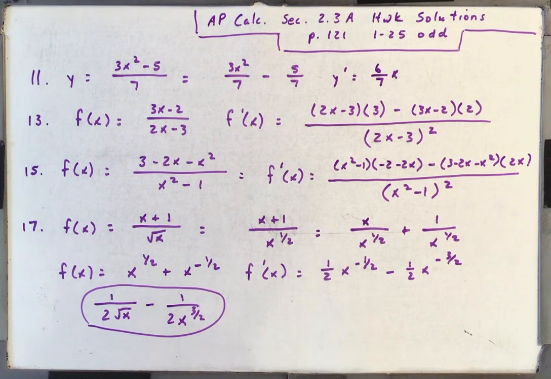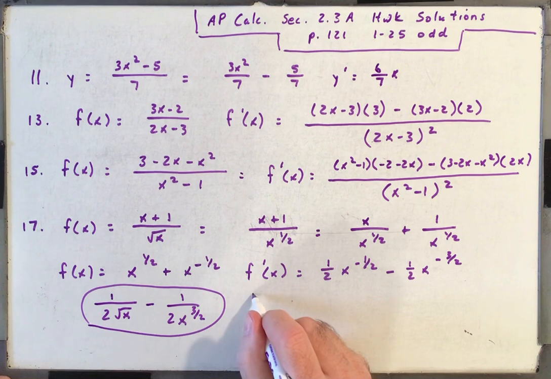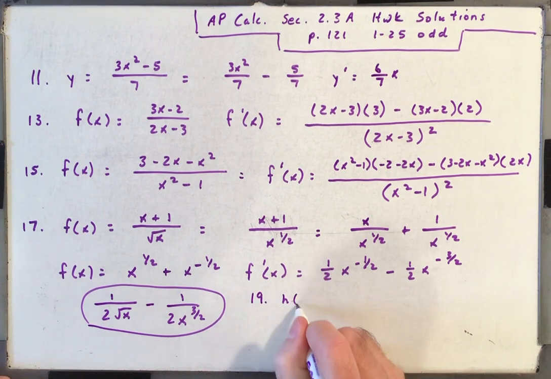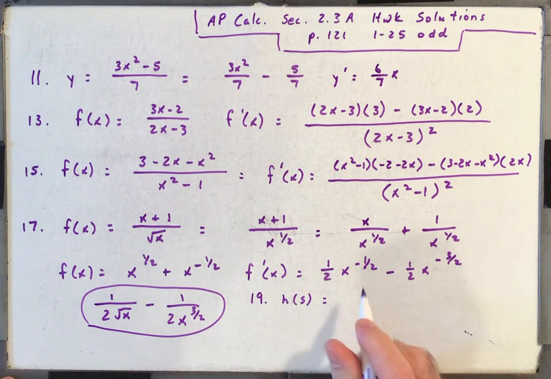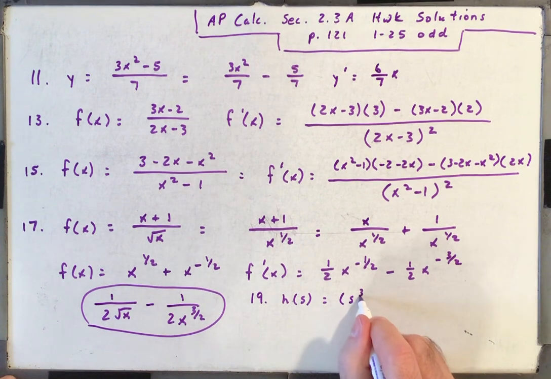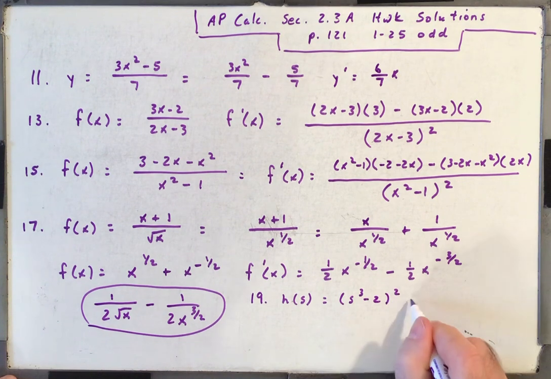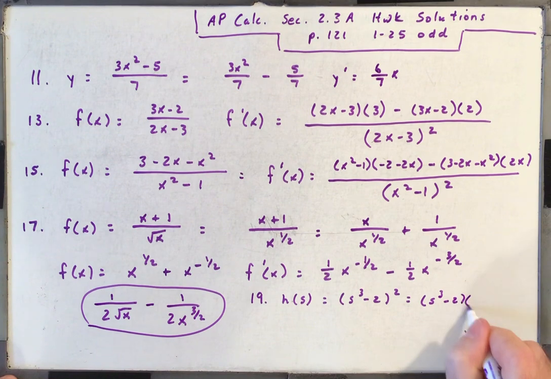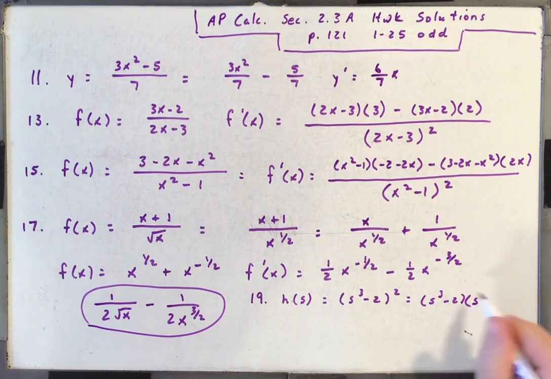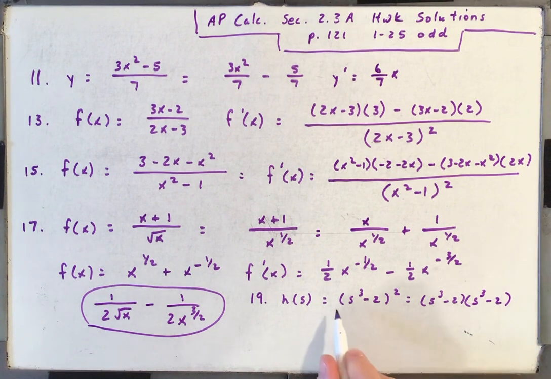All right, so number 19, let's see. I'm going to see if I can squeeze it in here. We've got h of s is equal to s cubed minus 2, all squared. So I'm going to FOIL that out. There is something called the chain rule that I will be teaching you soon, where you can take the derivative of this real fast, but you don't know that yet.